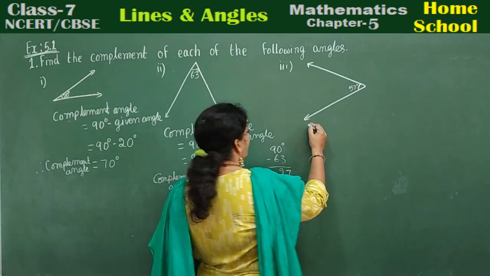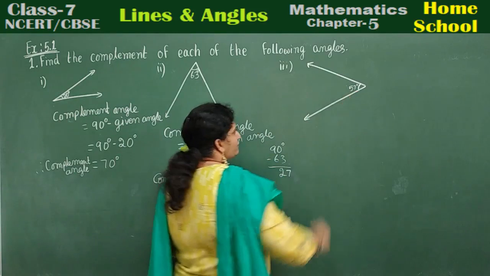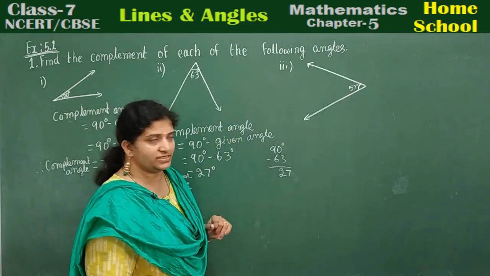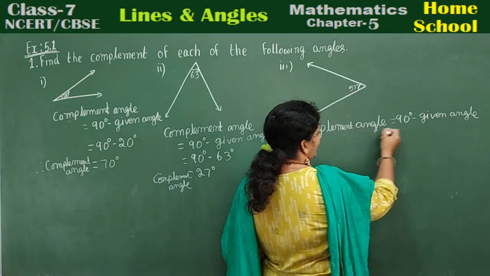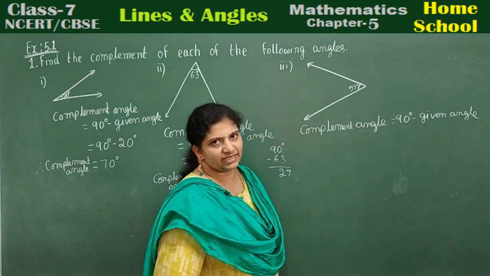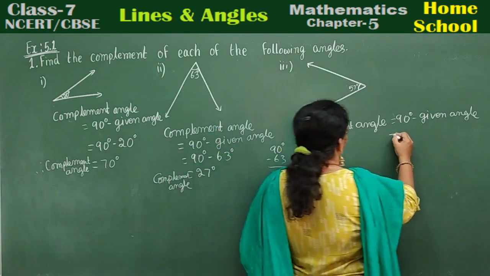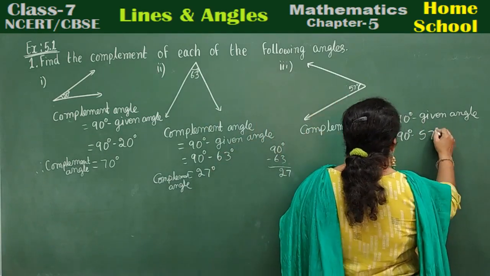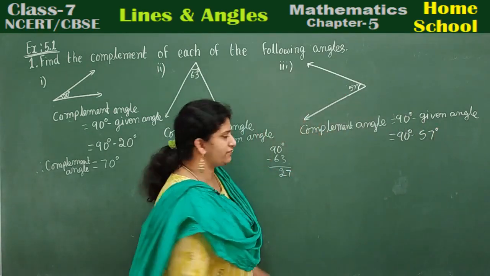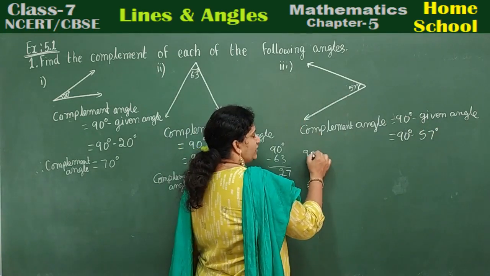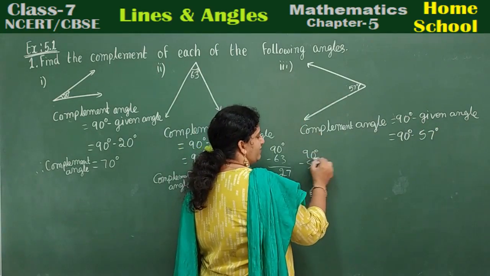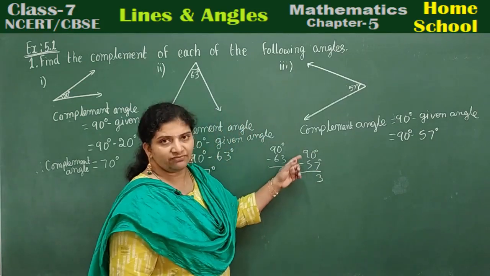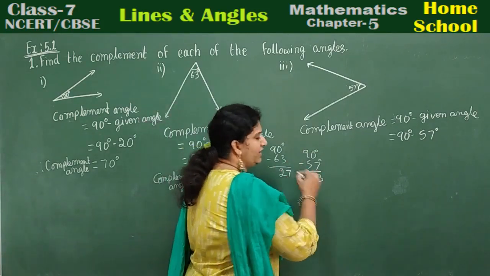Similarly, last problem, given angle is 57 degree. What is the complementary angle for this? Complement angle is equal to 90 minus given angle. What is the given angle here, children? It is 57 degree. 90 minus 57. 10 minus 7, 3. 8 is left. 8 minus 5 will be 3.